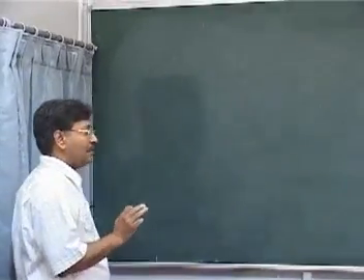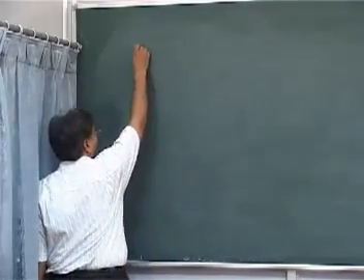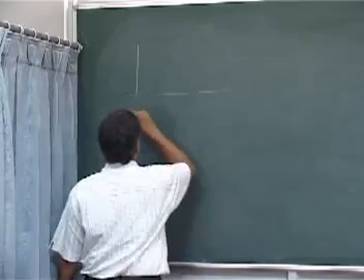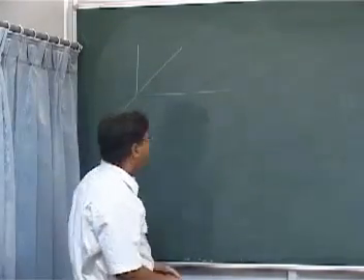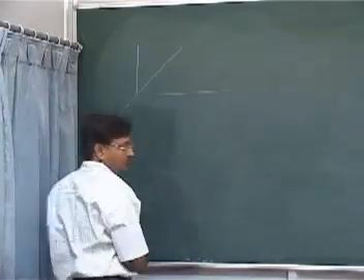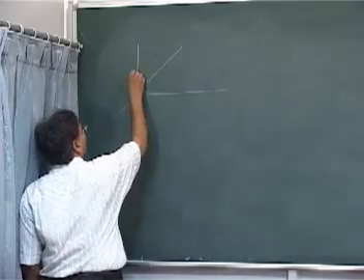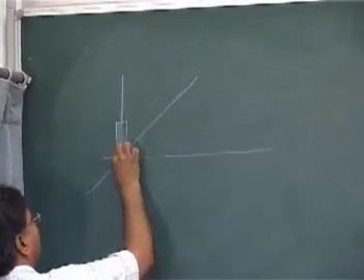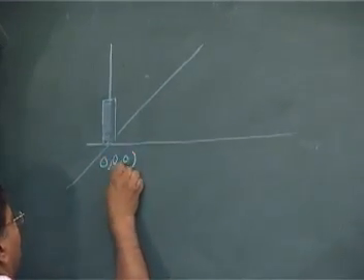Now let me draw the picture, that is even better. I have a chimney and this coordinate is 0, 0, 0.